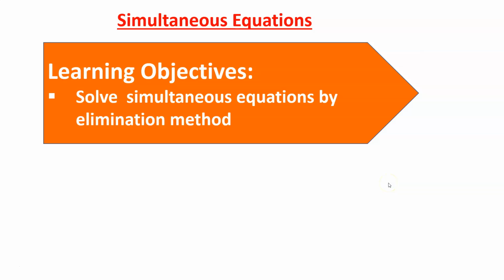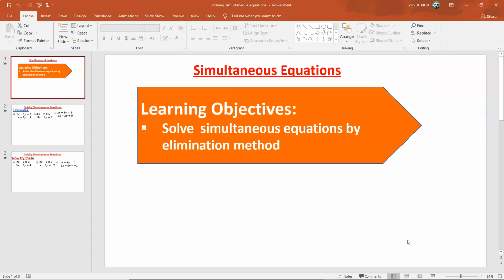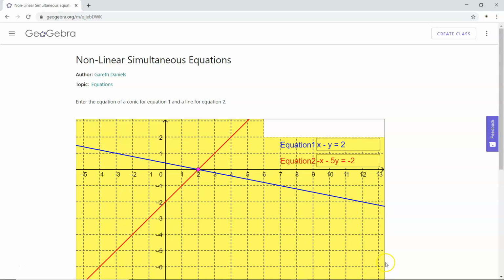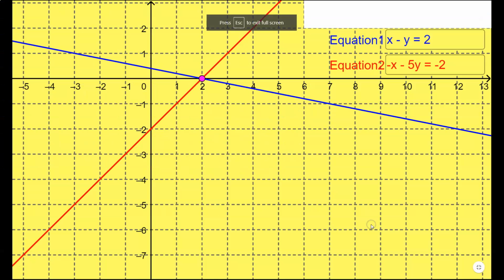And if you still remember, in our previous lesson, we introduced simultaneous equations, and we said simultaneous equations are, for example, two equations, in this case two lines. If you plot those two lines, they will cross at one point.